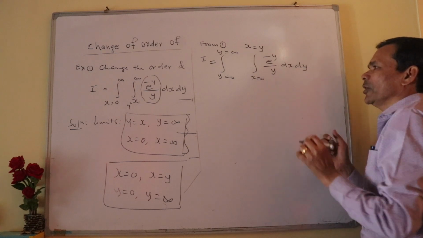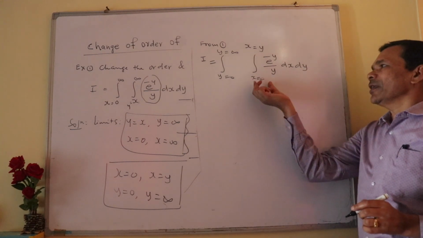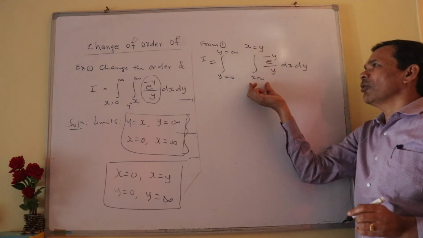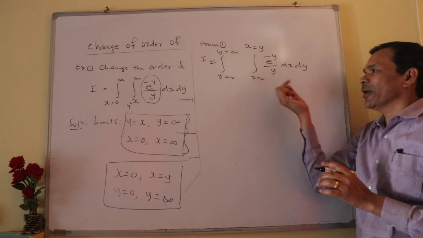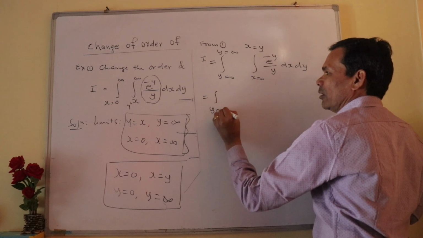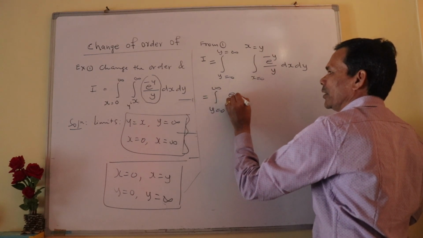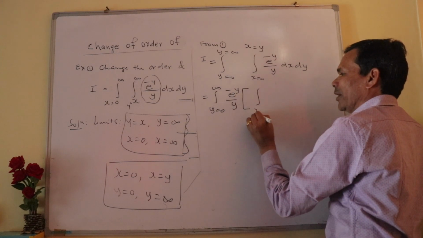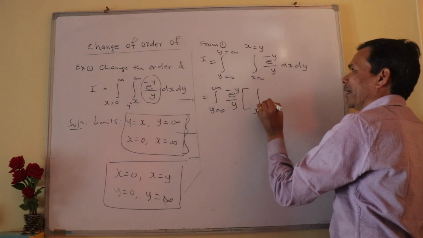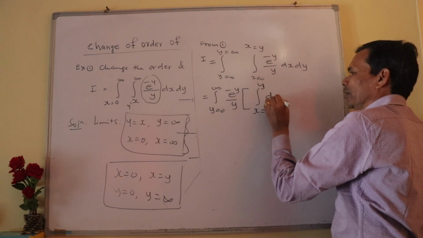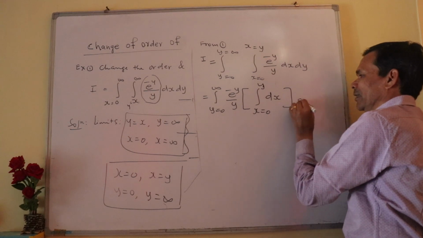Now, because x has variable limits, we have to integrate with respect to x first and then with respect to y. So I take y from 0 to infinity, e raised to minus y divided by y outside, in variable separable form, and x from 0 to y, dx and then dy.